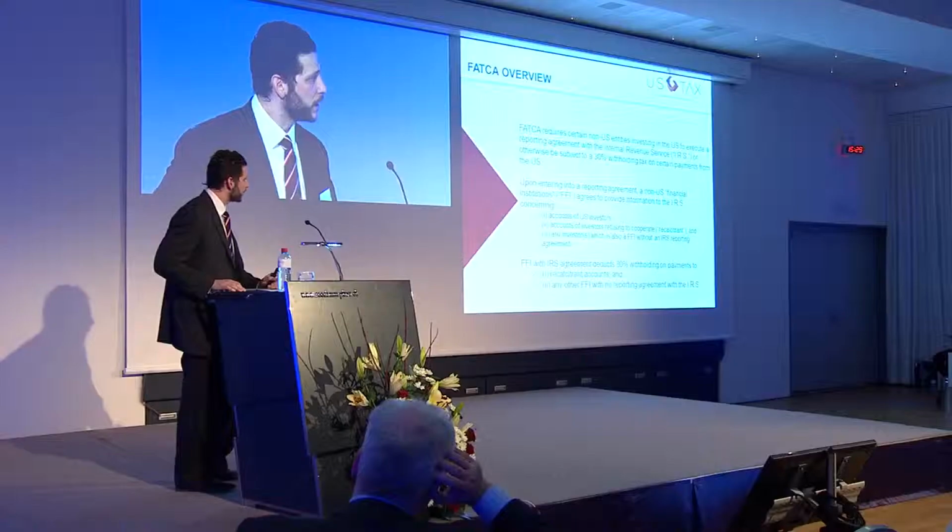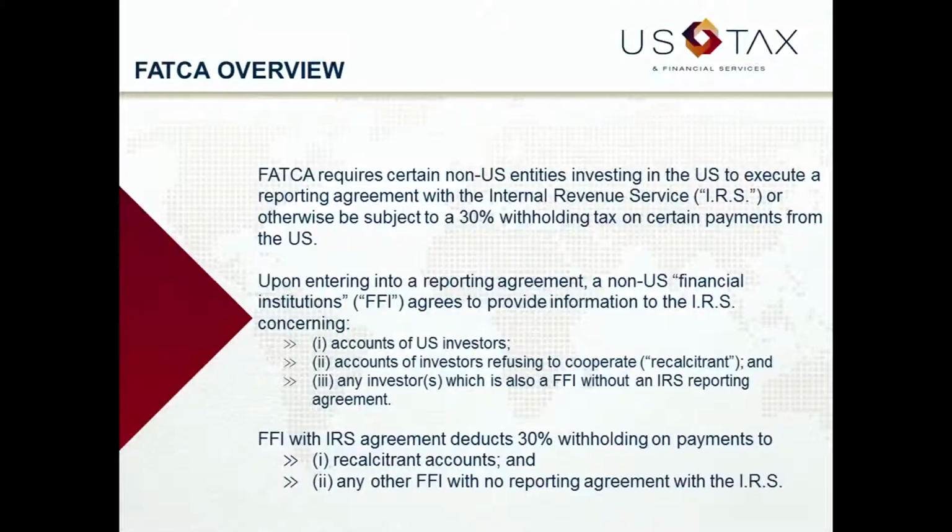So with an FFI with an IRS agreement, while payments to the FFI won't be subject to withholding, the FFI agrees to withhold potentially a 30% tax on payments to certain of its investors, specifically recalcitrant accounts and other FFIs without a reporting agreement. I'm going to pause here because I think I've succeeded at sucking all the air out of the room.